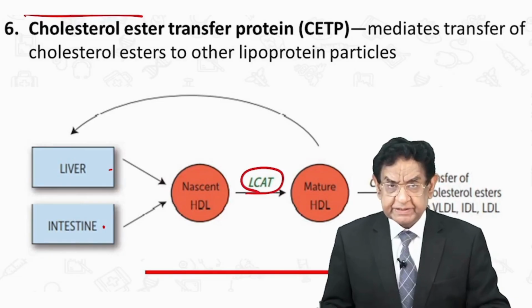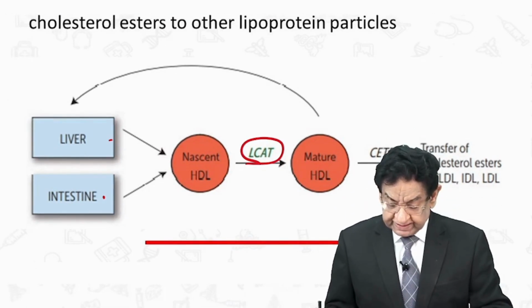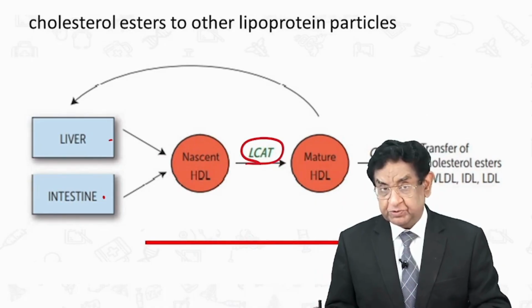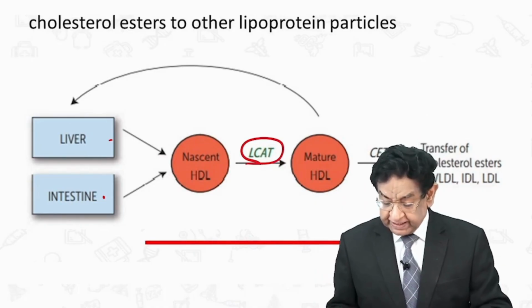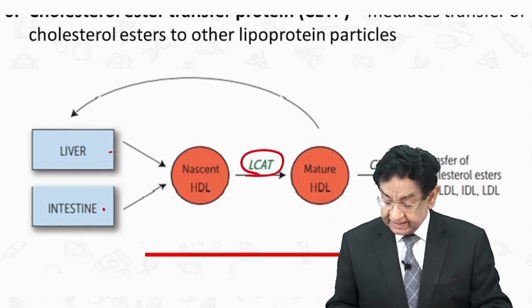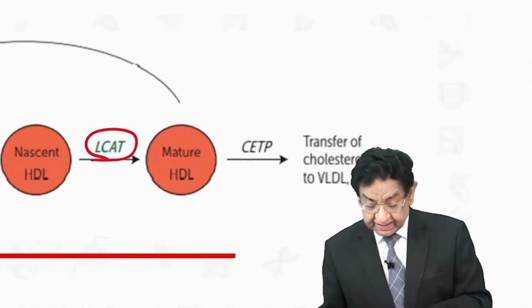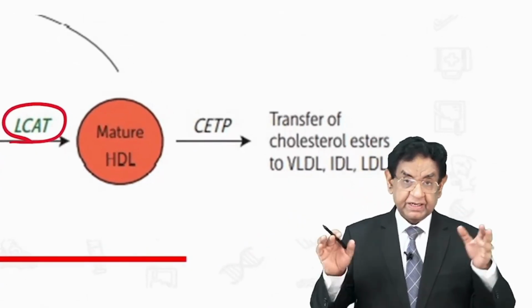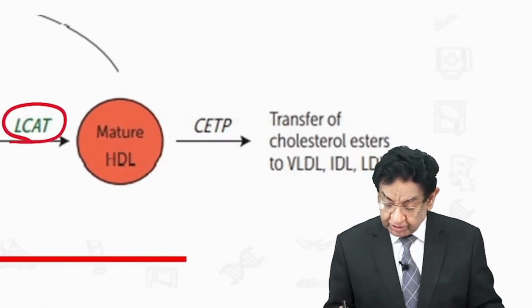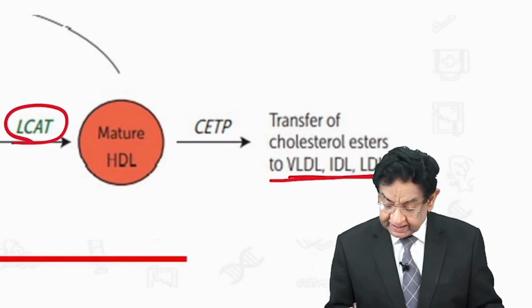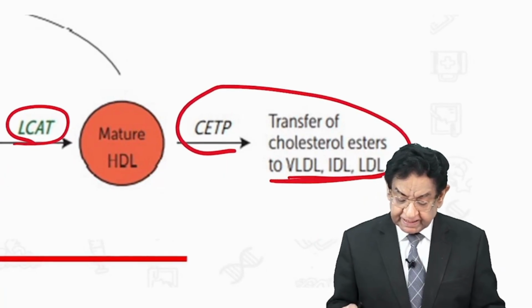That means it is causing maturation of nascent HDL, which is immature HDL. Mature HDL is formed by LCAT. And now this HDL transfers cholesterol ester to VLDL, IDL, LDL. This is done by CETP.